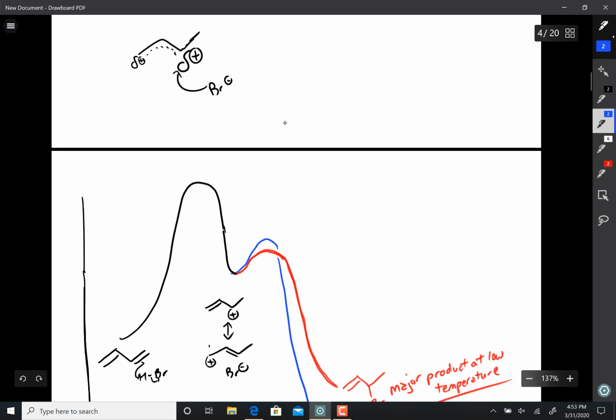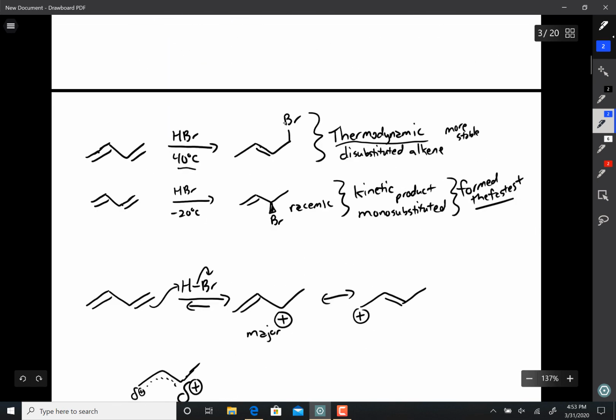Now, I want to emphasize, I do not expect you to memorize which ones are the thermodynamic conditions and which ones are the kinetic conditions, because that's going to be different for each reaction. And a lot of it is literally just trying out the reaction and seeing what you get and then adjusting it afterwards.